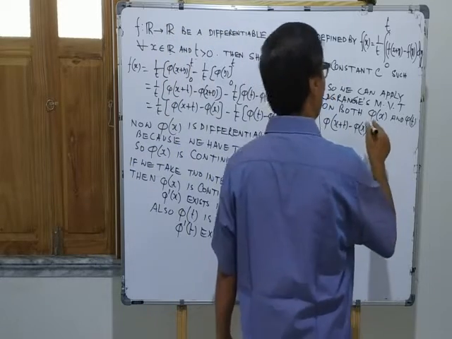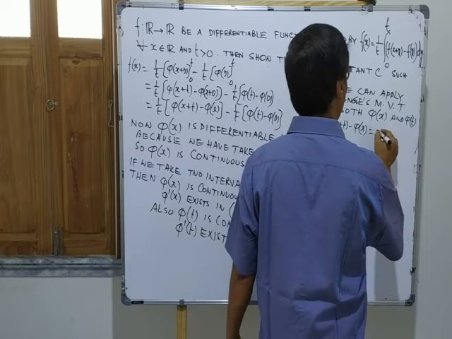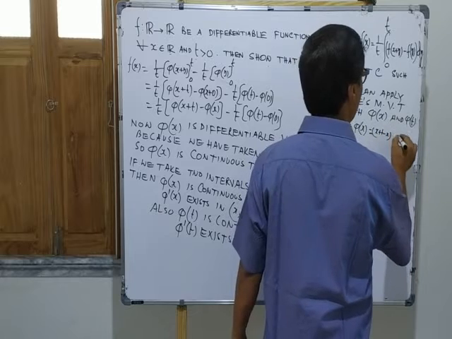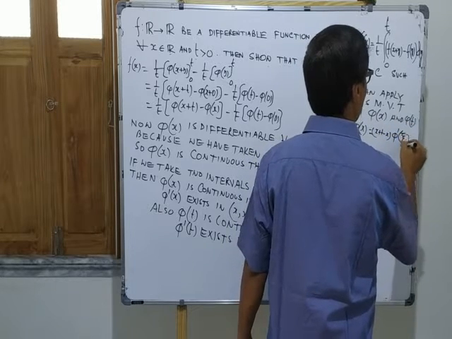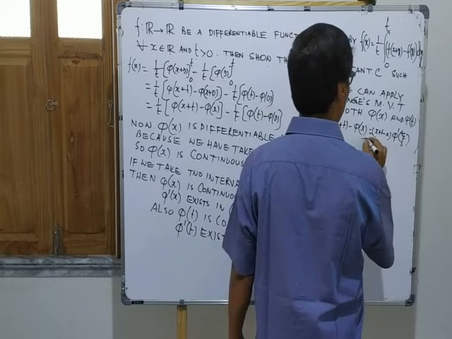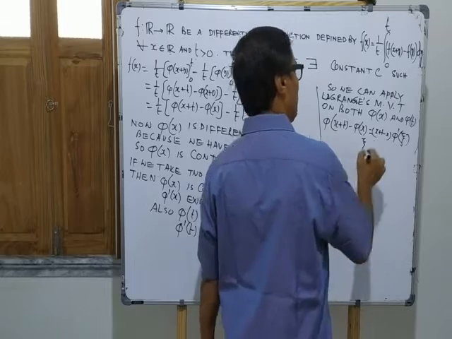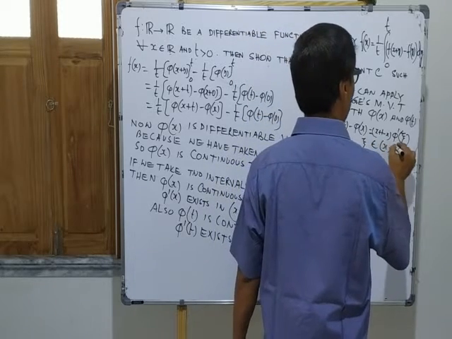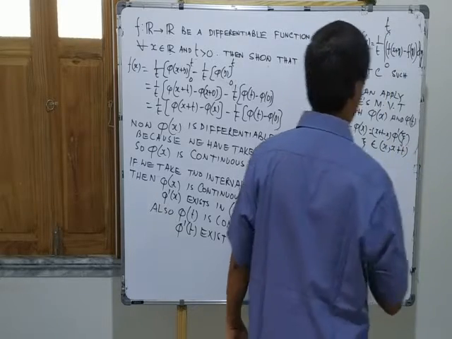So here we can write the length of the interval, x plus t minus x, times phi dot xi, where xi belongs to the open interval and lies between x and x plus t.